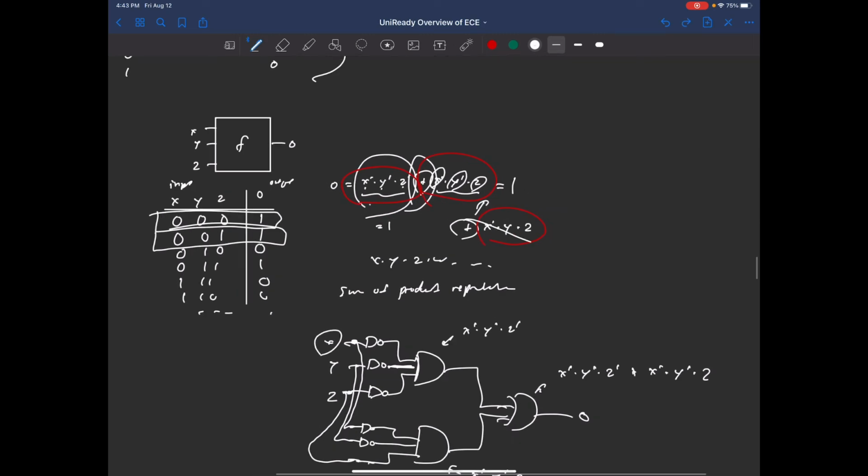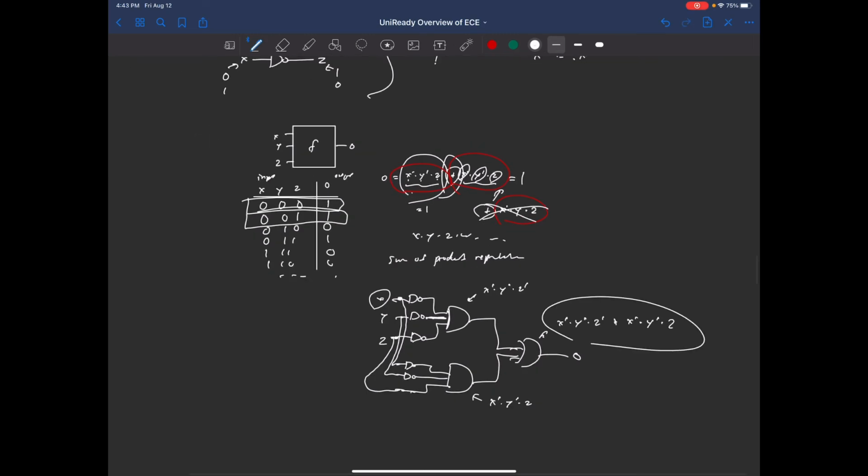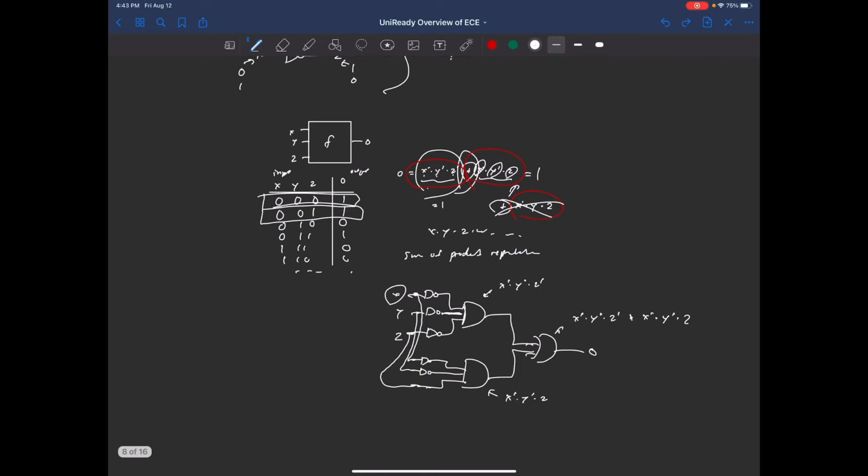I'm ignoring this thing for now, just assuming that this is just what it is. But if you do want to include this, you can just add another AND gate and just connect it like that, right?